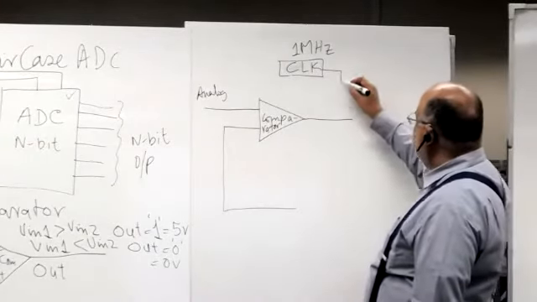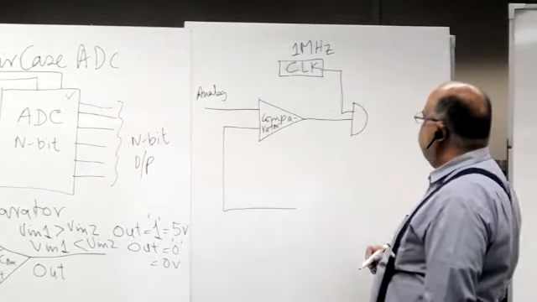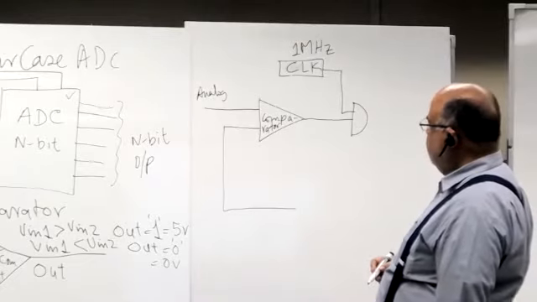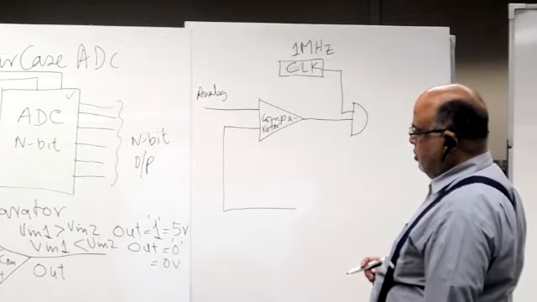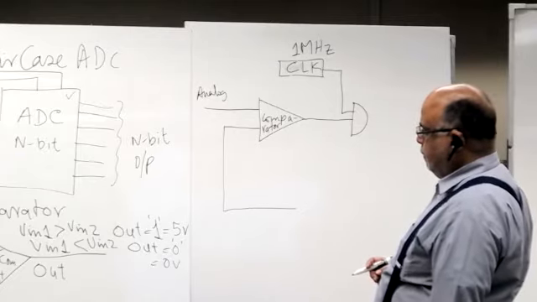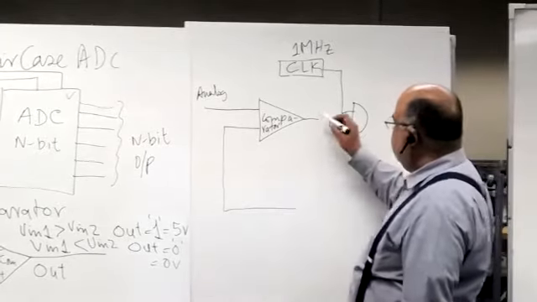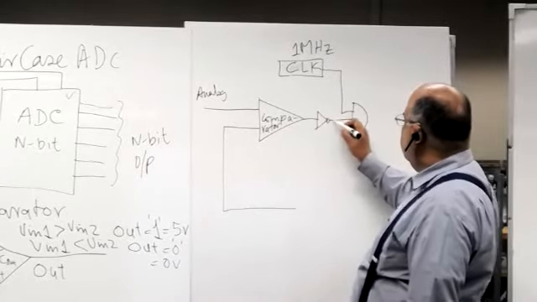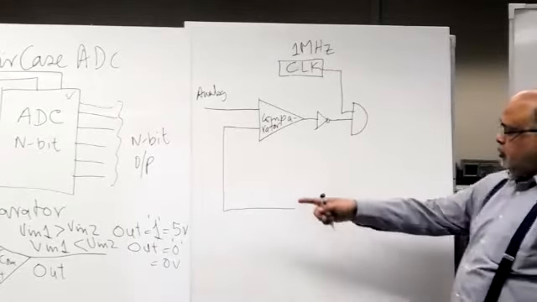This goes to a very important component, the AND gate. According to these equations, we need an inverter here.